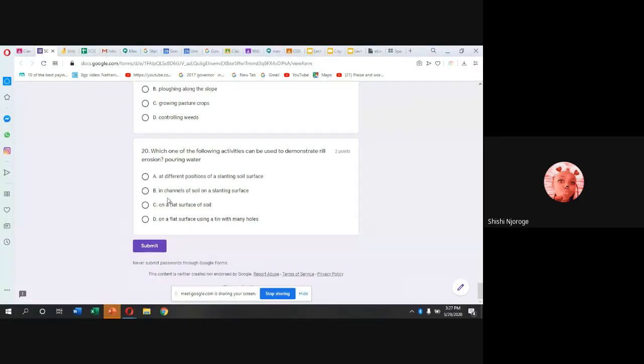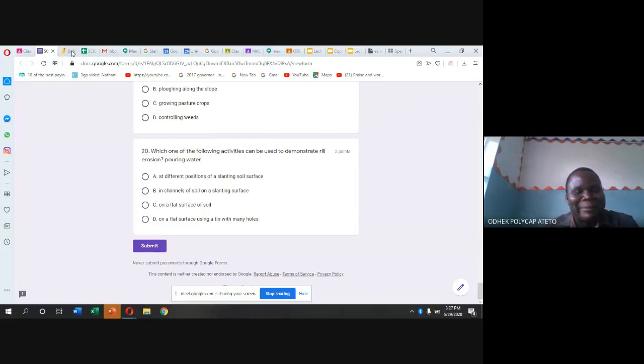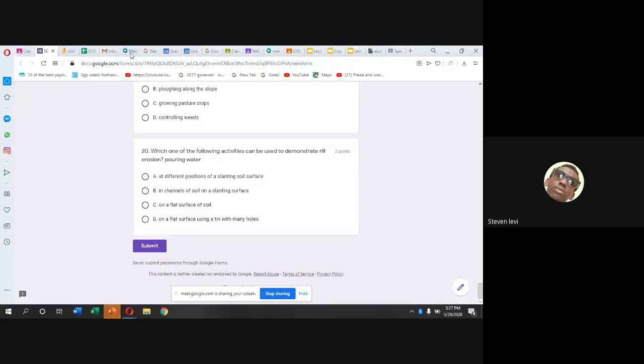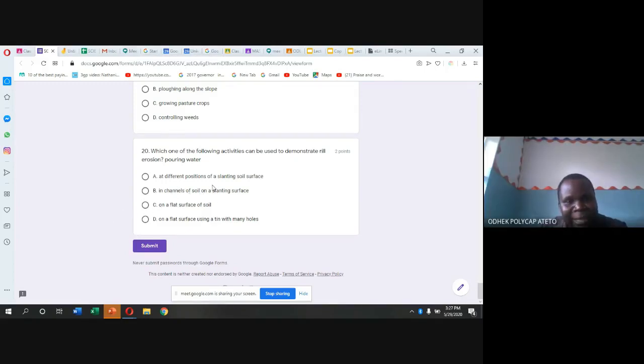Let somebody help me. I can't explain it. Somebody help Michelle. What is wrong with choice B, Stephen Levy? It has said in channels of soil on a slanting surface. I might not be sure, but gully erosion has the deep channels, while rill erosion has the shallow channels. Why is choice B wrong? Michelle said the answer is choice A, so I'm asking why B is wrong.